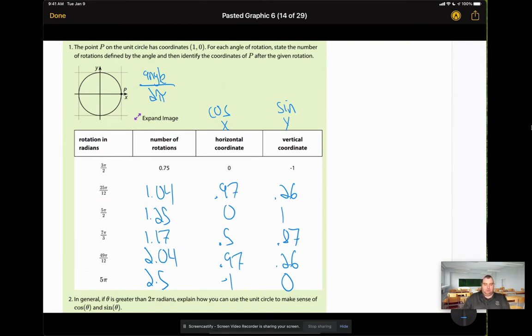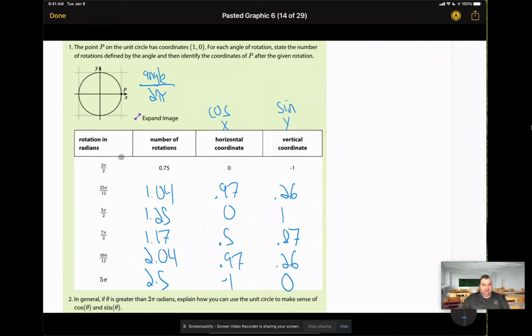In the case of the last two, you made 2 rotations and then went a little bit extra. Okay, so the cosine and sine are going to be the same at those angles bigger than 2 pi than they are at that little bit extra.